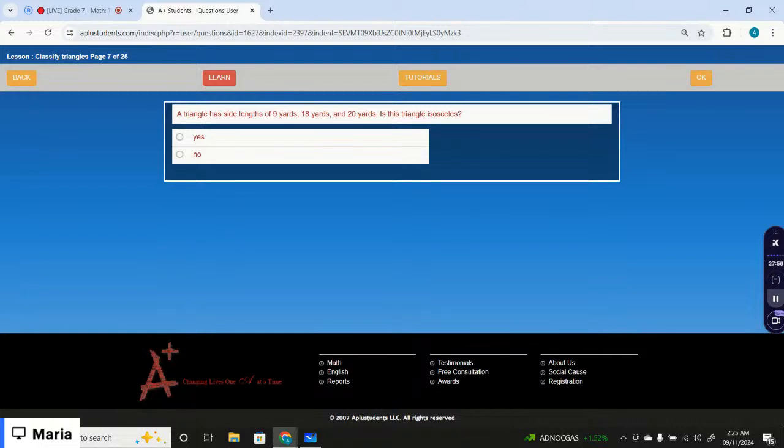A triangle has side lengths of 9 yards, 18 yards, and 20 yards. Is this triangle isosceles? The correct option is no, that isn't an isosceles triangle, it is scalene.